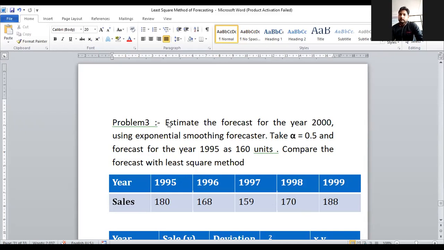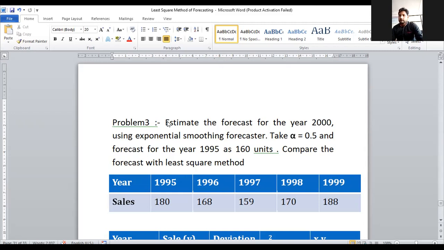Estimate the forecast for the year 2000 using exponential smoothing forecaster.